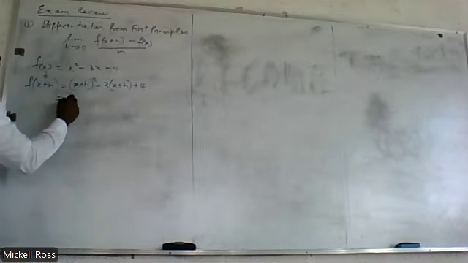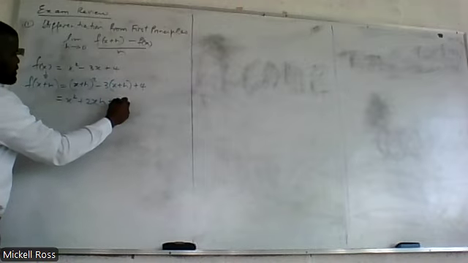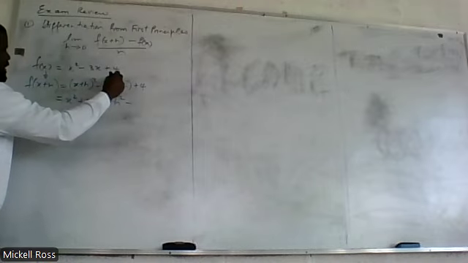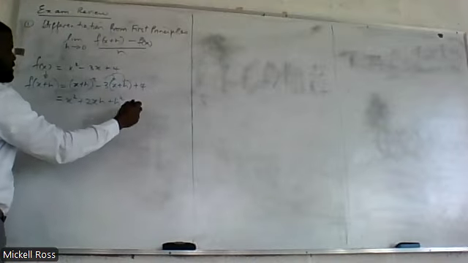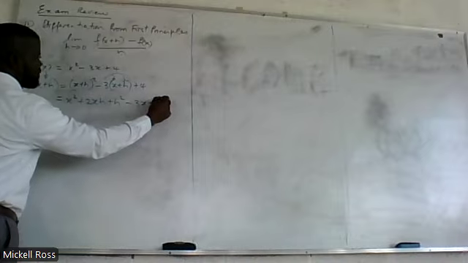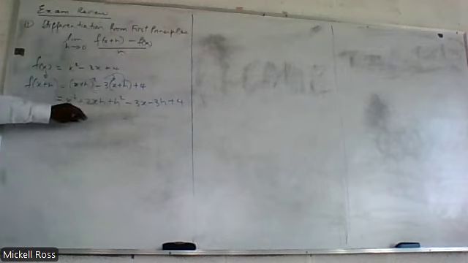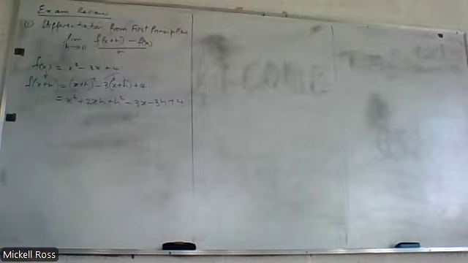So it is going to be x squared plus 2xh plus h squared. And the bracket is multiplied by negative 3, so this is going to be minus 3x minus 3h, and we still have the plus 4.